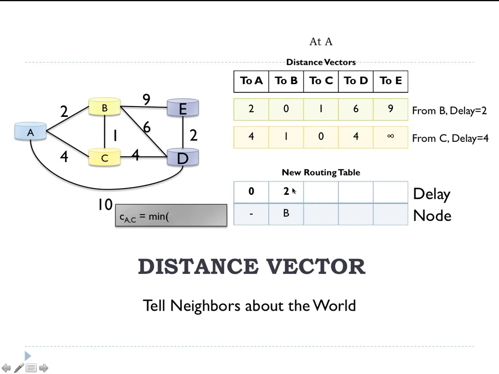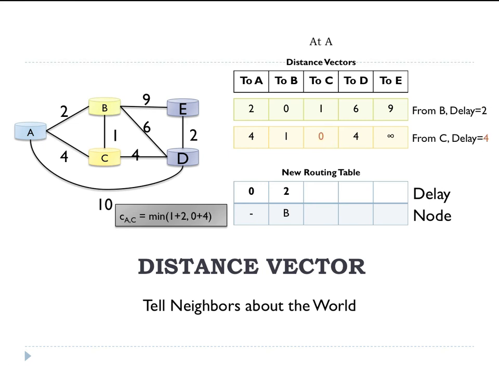The next piece, the cost from A to C. Really, this is not the cost, but it's the least cost, the D value. All right, so I can get to C through B at a cost of B's cost, which is 1, plus B's delay, which is 2. So that's 1 plus 2, 3. I can also get to C through C at a cost of 0 plus 4.